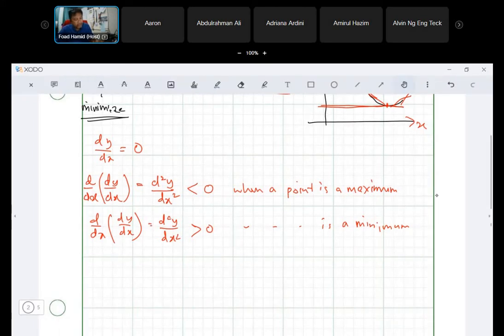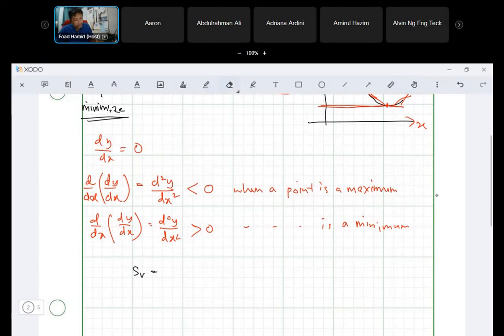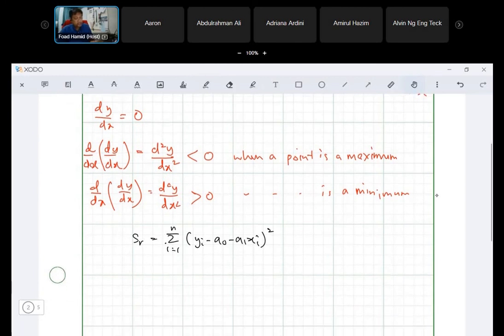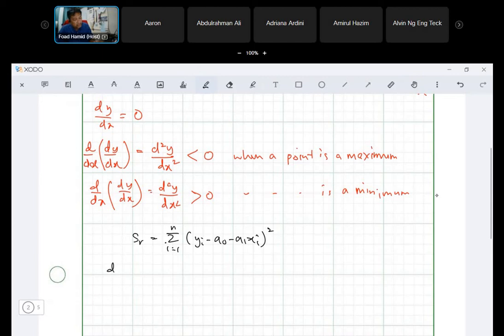We know that our SR is the summation of i equal 1 to n, (yi minus a0 minus a1 xi), and everything is squared. Now to minimize this error, the residual, what we need to do is differentiate SR. But now with respect to what?